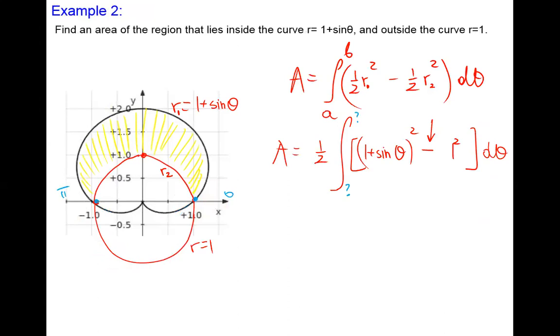But what we can do, because these points we call points of intersection: 1 plus sine theta is equal to 1.